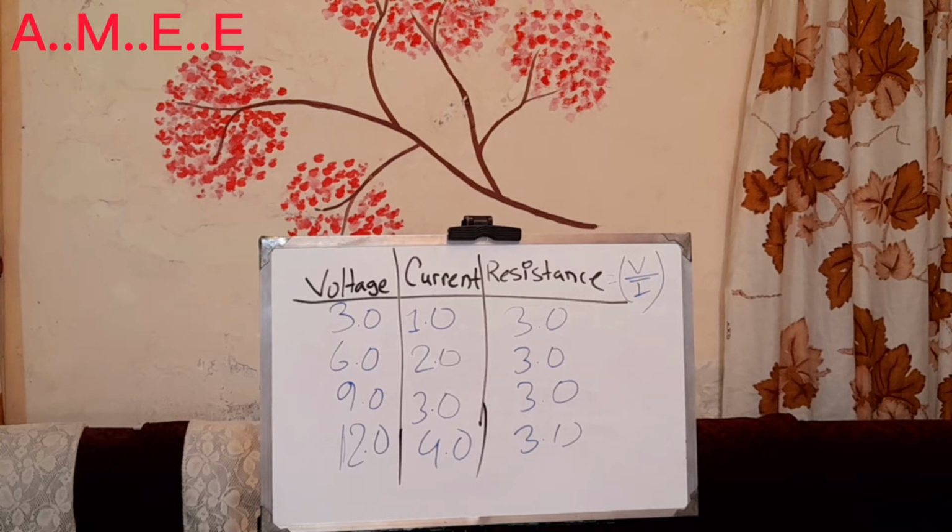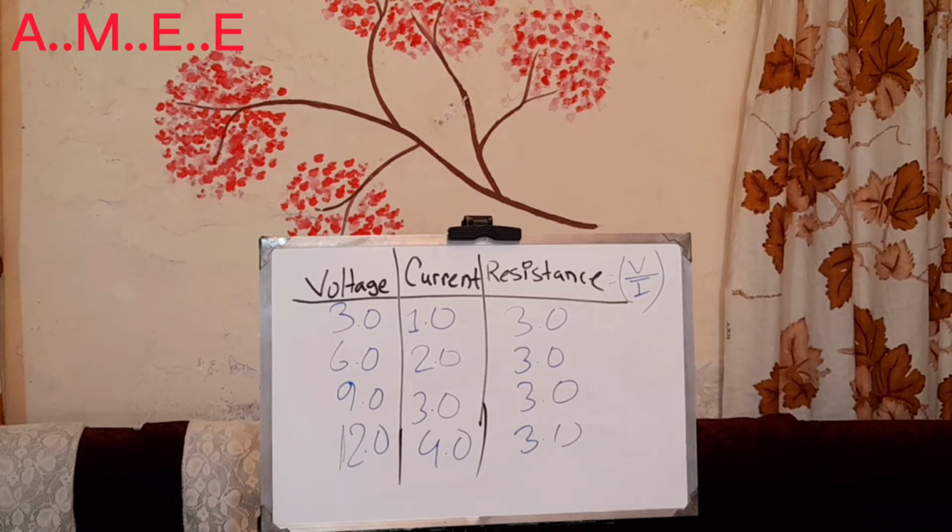For any wire to follow Ohm's law, the resistance must be the same. It doesn't matter what amount of voltage or current is passed through the wire. If the resistance is constant for every voltage and current, then we can say that the wire obeys Ohm's law.